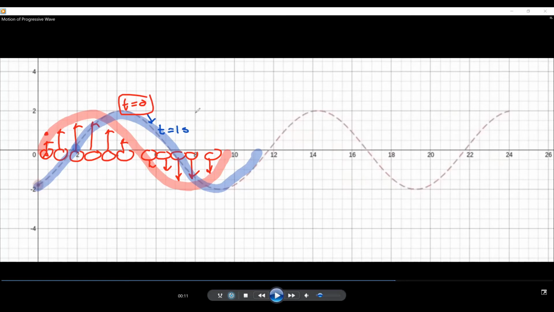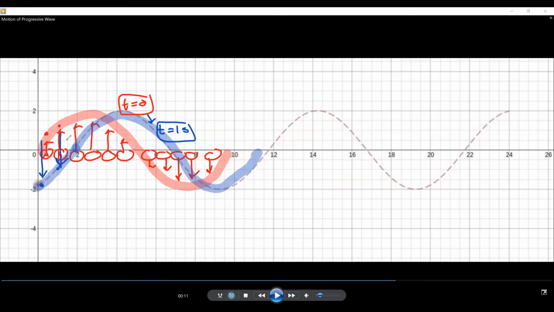But now when t equals 1, it is now here. You can see that your particle has actually moved downwards. And then if I look at particle B, before this it was here at t equals 0, and now at t equals 1, it is here.